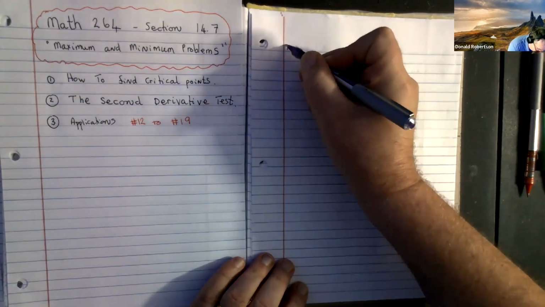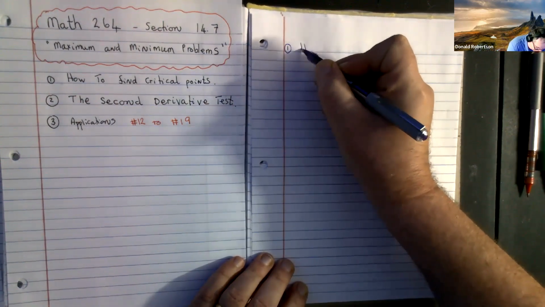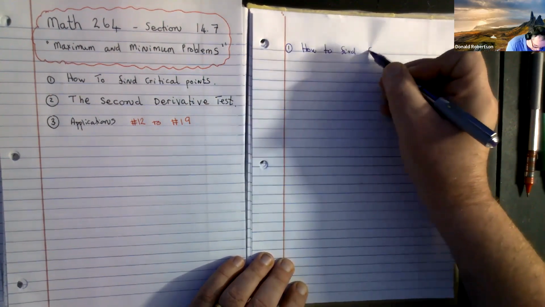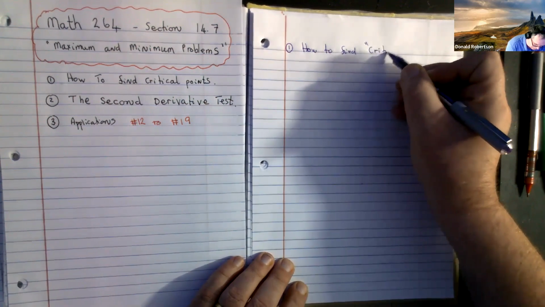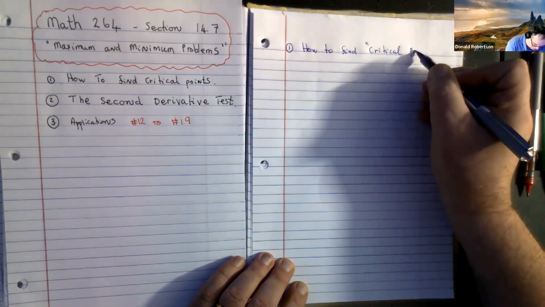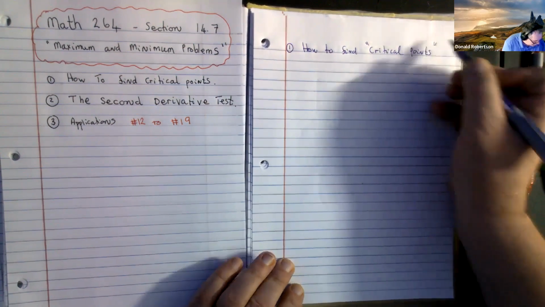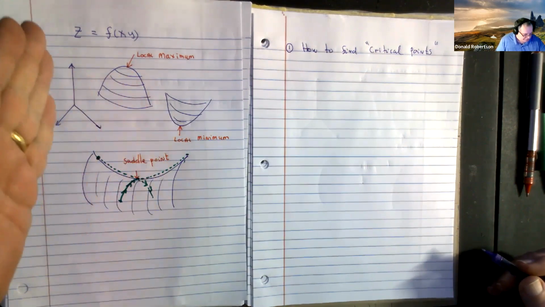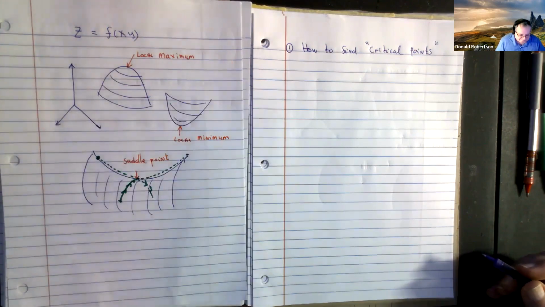Okay, so let's get started with one. How do you find critical points? Well, if you look at this shape here, and you wonder what is going on as far as derivatives are concerned, if you slice a shape parallel to the x-axis, you're essentially finding the partial derivative df by dx.